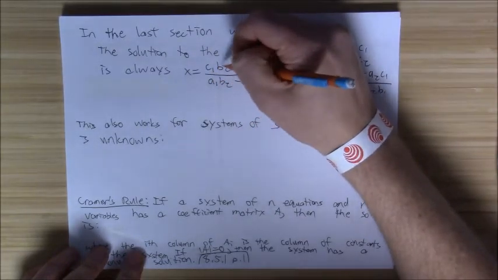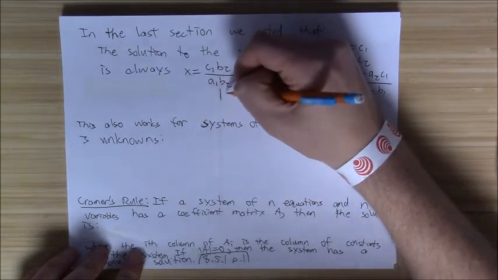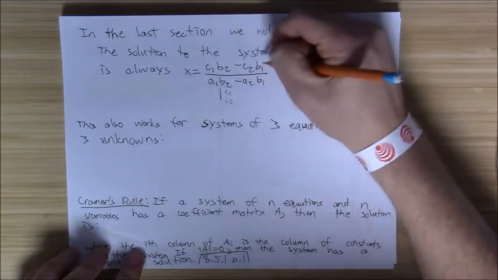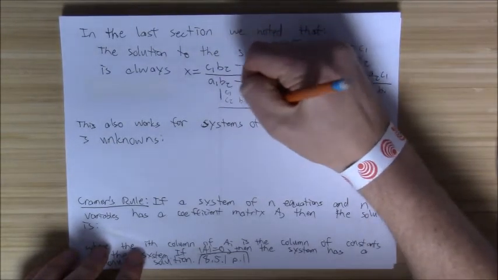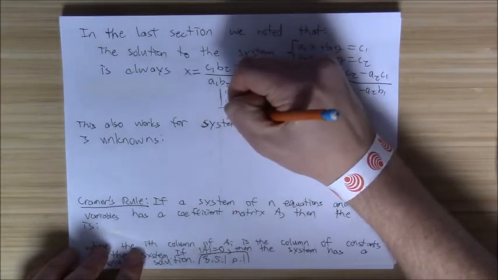The important thing to note here is that this right here is really the determinant of C1, C2, B1, B2 over the determinant of A1, B1, A2, B2.